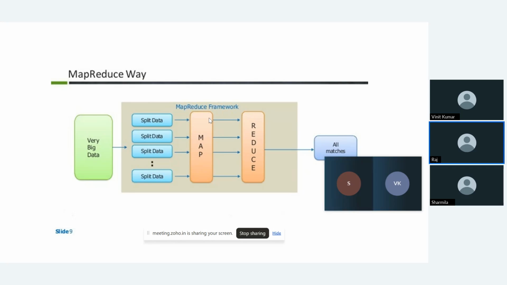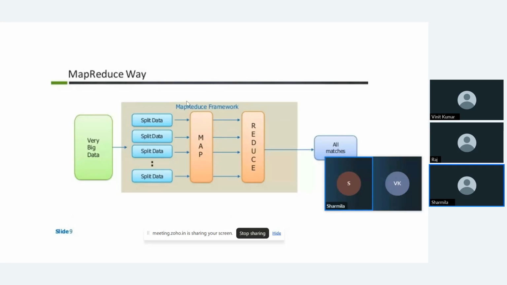Because of this, a task that in the traditional way was taking, let's say, 24 hours to process the data, using MapReduce we can do in just 30 minutes, or even less, or maybe an hour, based on the cluster size. But we are able to reduce our time a lot, right?